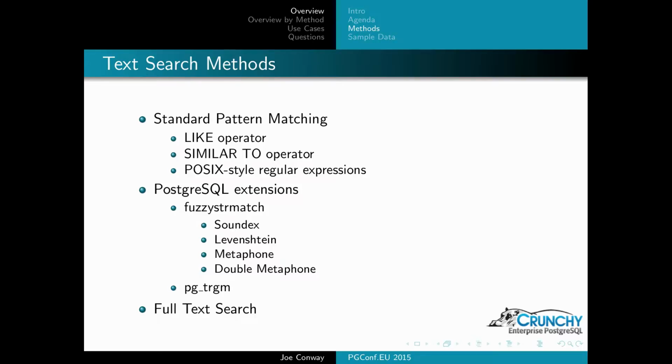I'm just going to call it Trigram matching. That extension is really interesting because one of the things it provides are some extra methods for indexes, which end up being useful for a lot of the other stuff, as we'll see when we get down to the examples. And then finally, I will cover, like I said, at a high level at least, how full text search works in Postgres.